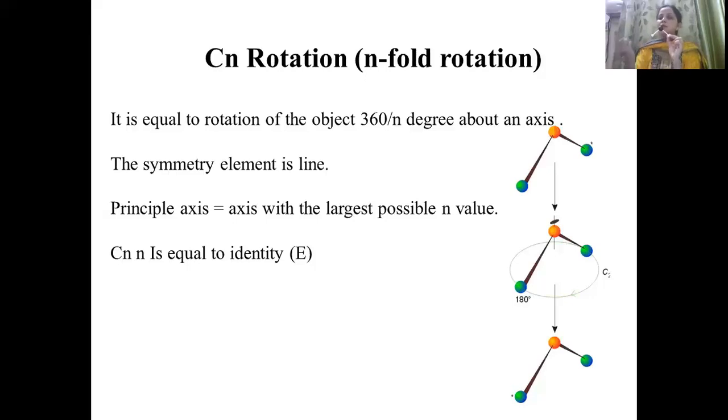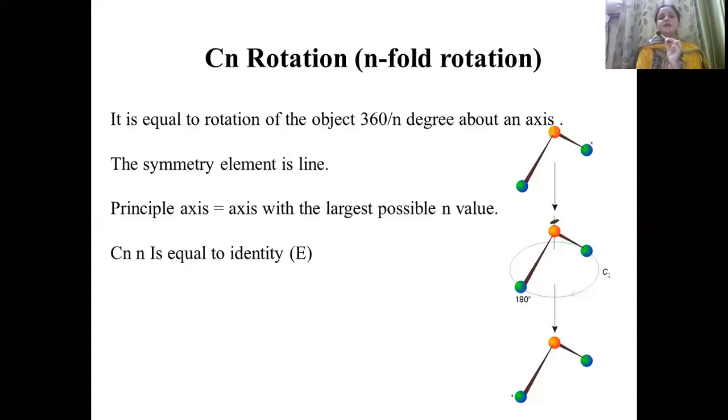So how many times have I repeated this operation? Two times. 360 divided by 2 means a 180-degree rotation to get the identical structure. Or in another way, 360 divided by 180 degrees means n is 2. So this molecule has a C2 axis.